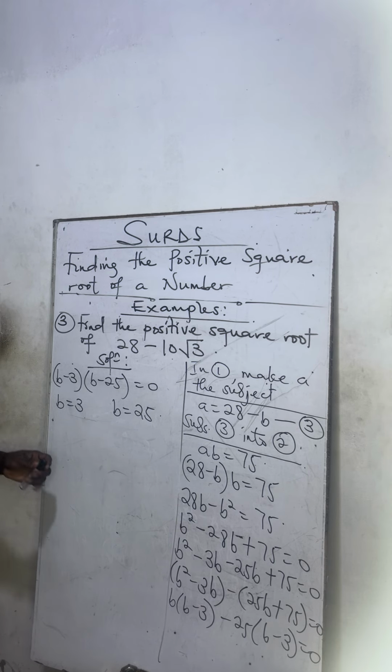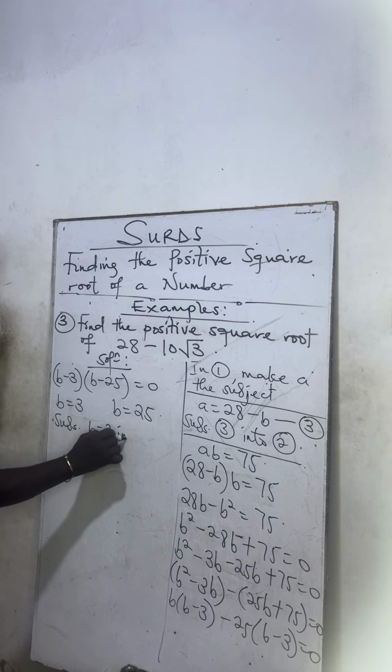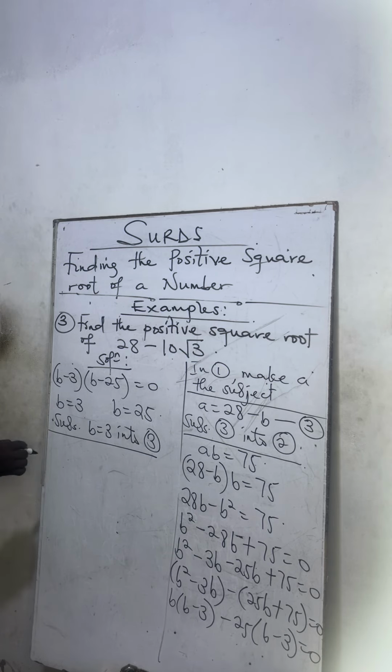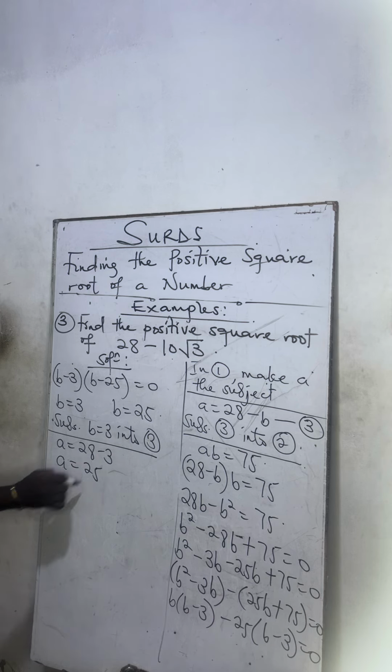Now we have two values for B. So we substitute B is equal to 3 into equation 3, so that we have A equals 28 minus 3, which is 25.